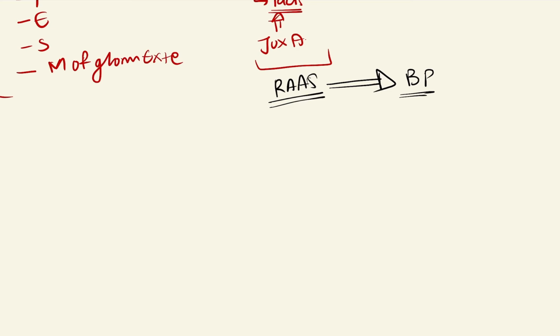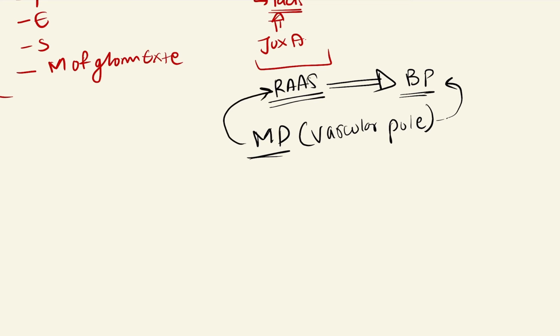There is presence of the macula densa, and where is it present? The vascular pole. The moment the macula densa realizes the blood flow or blood pressure is low, it activates renin angiotensin.